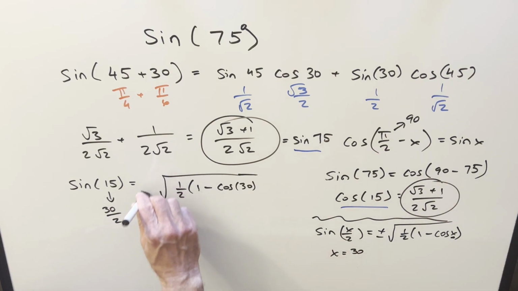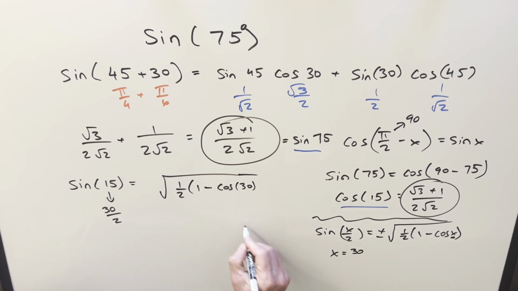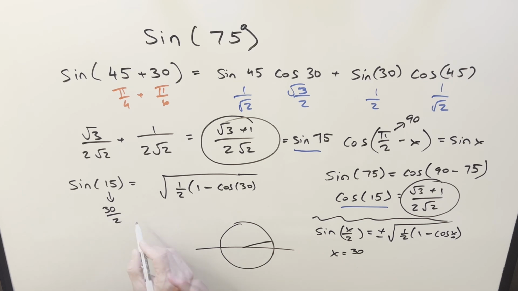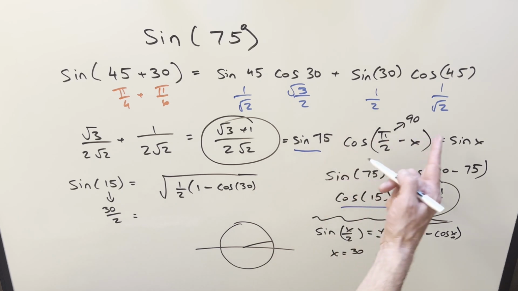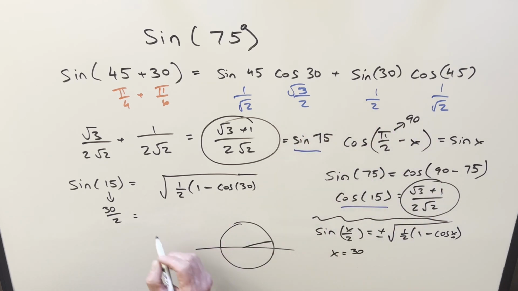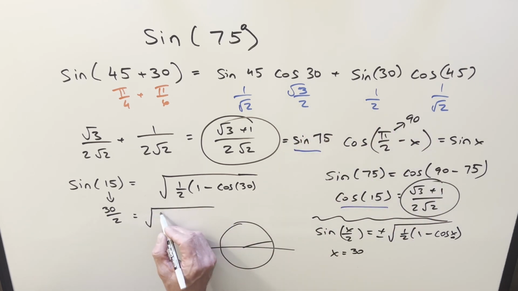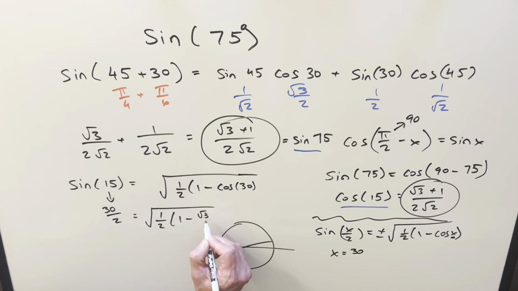This is in the first quadrant, right? 15 degrees in our circle is going to be somewhere over here, so clearly positive. Then go ahead and reduce this. Cosine of 30, I think we did that over there, that's square root of 3 over 2. So what we're going to have is square root of 1/2, 1 minus square root of 3 over 2.